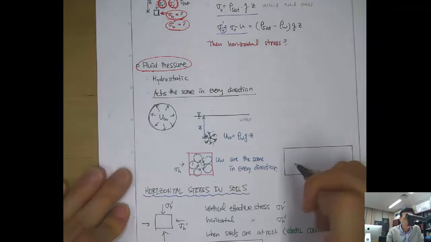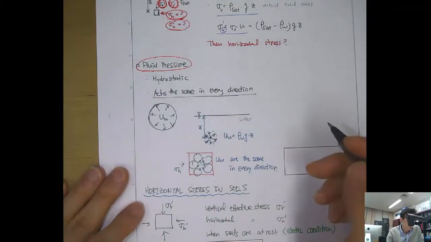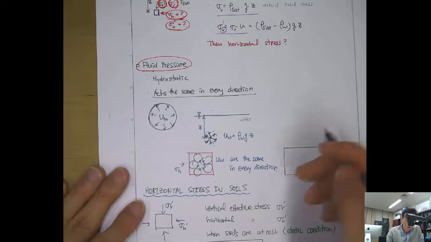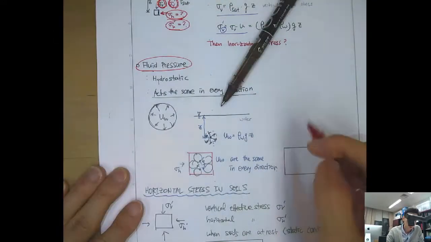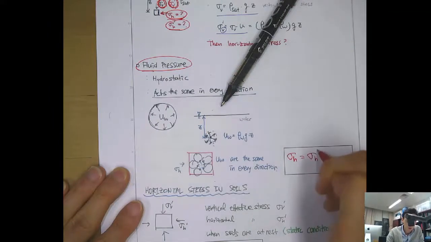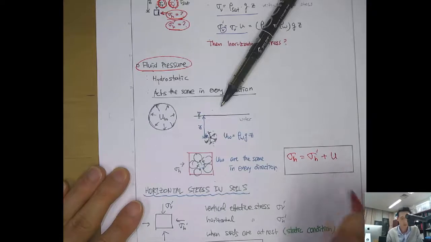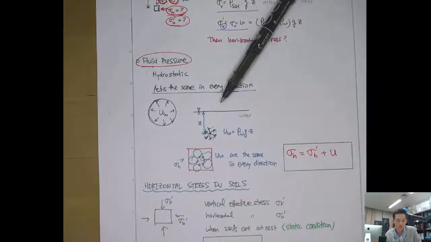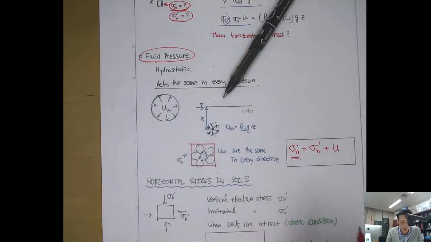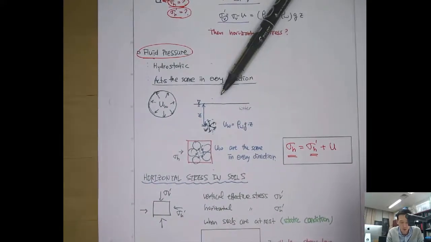So likewise, in the same manner as the vertical effective stress, the horizontal effective stress also has the same relation with the horizontal total stress, like this. So this is the horizontal stress in total stress terms, and this is the horizontal stress in effective stress terms.